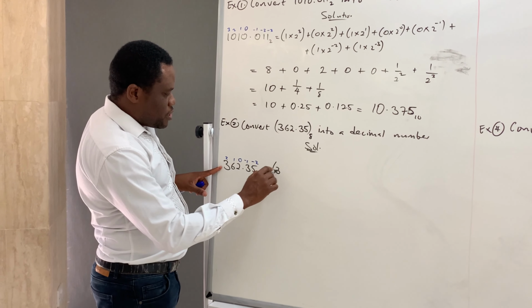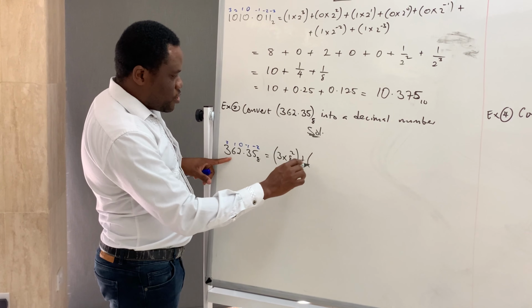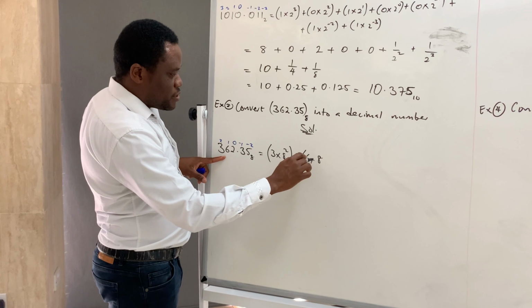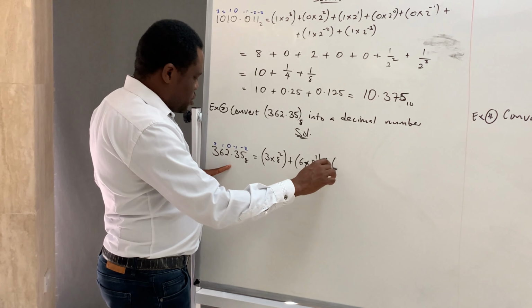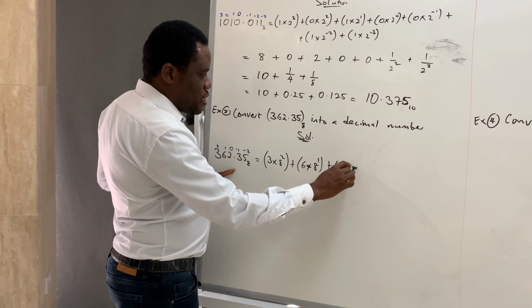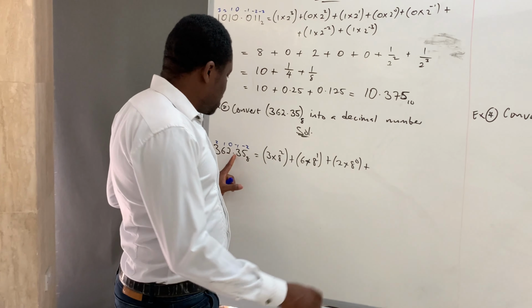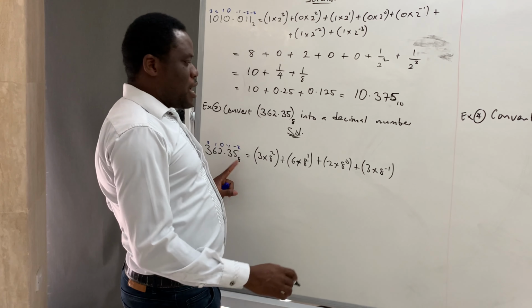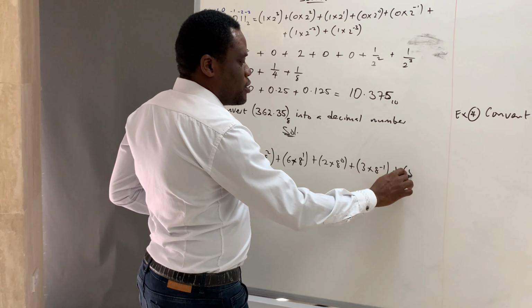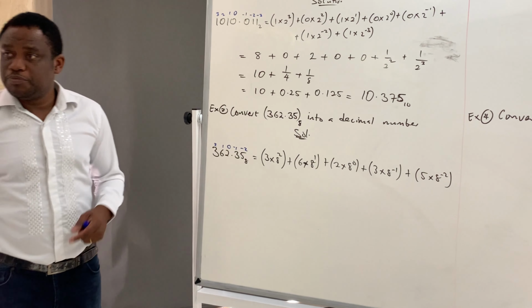The first one is 3 times base power of 2. The second one is 6 times base power of 1. The third one is 2 times 8 power of 0. The next one is 3 times 8 power of -1. And the last is 5 times 8 power of -2.